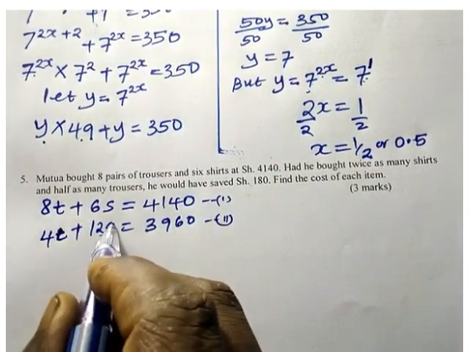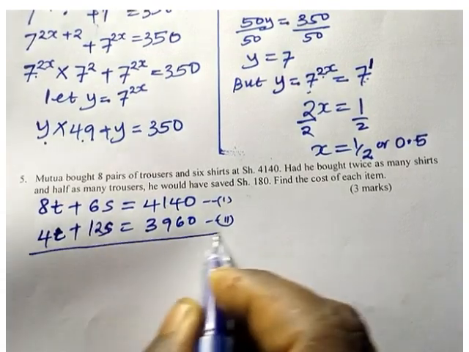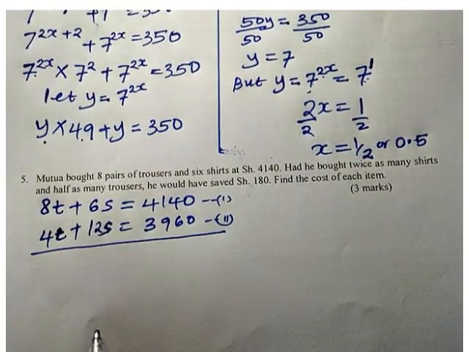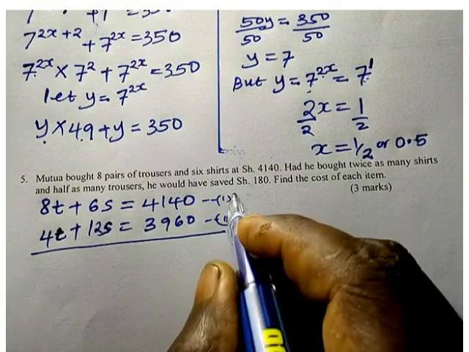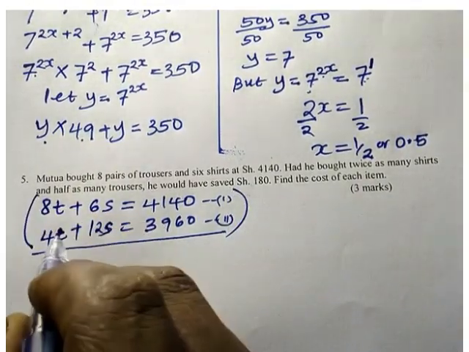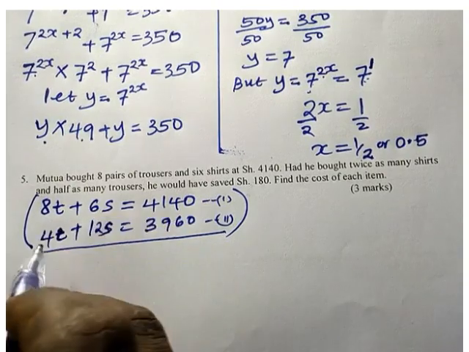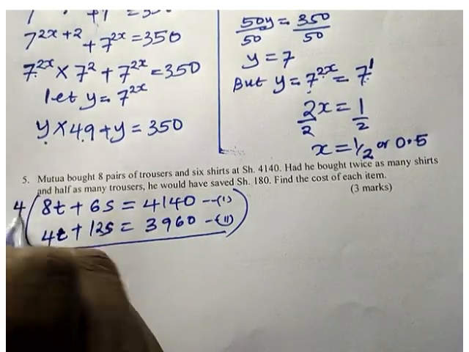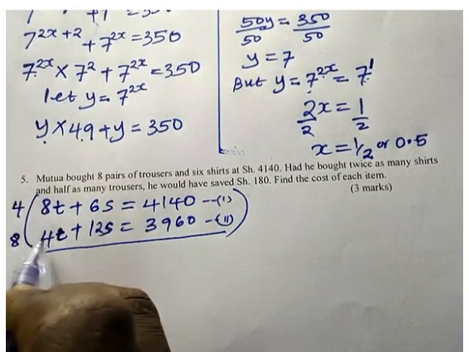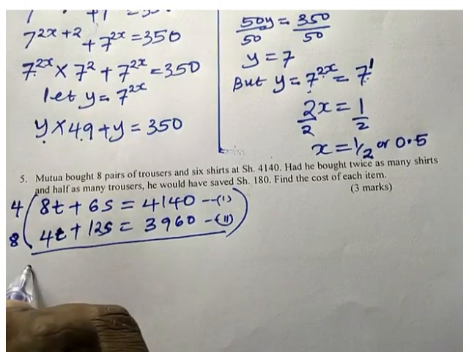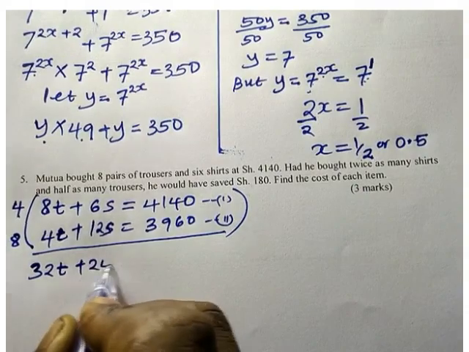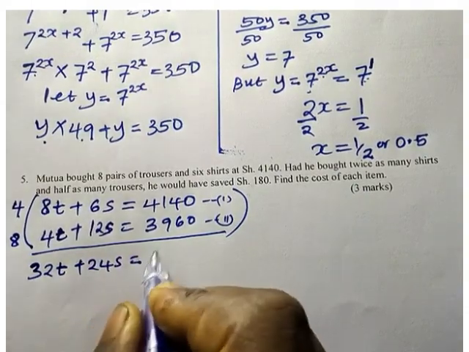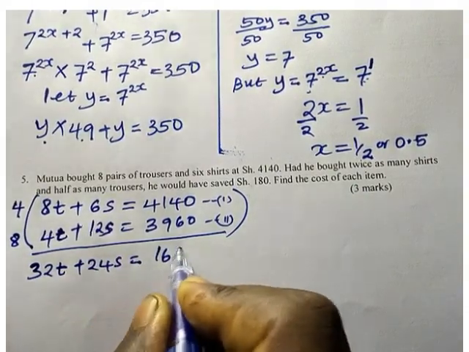So we can solve this now using elimination method or substitution. Let us use elimination method, and I want to eliminate T. So if I want to eliminate T, I will multiply here times 4 and down here times 8 so that I can eliminate this one. This one is going to be 32T plus 24S is equal to 16,560.